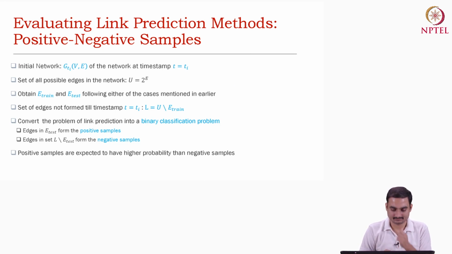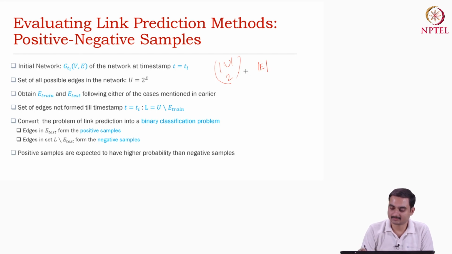I have already discussed the issues of positive and negative samples, but let me reiterate. When we have mod V number of nodes, you have mod V choose 2 number of pairs, and out of this only mod E number of node pairs are connected.